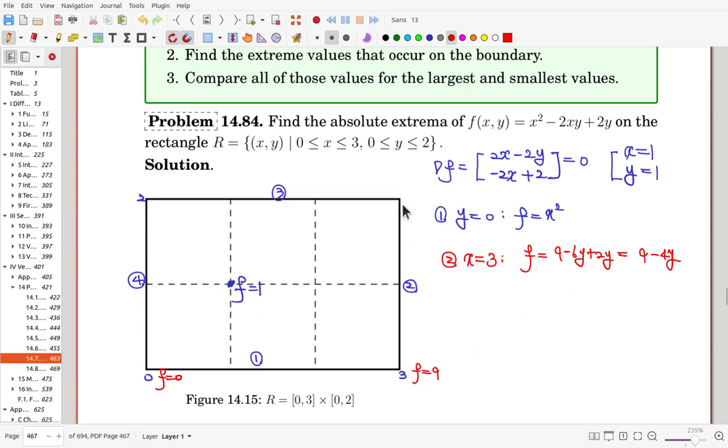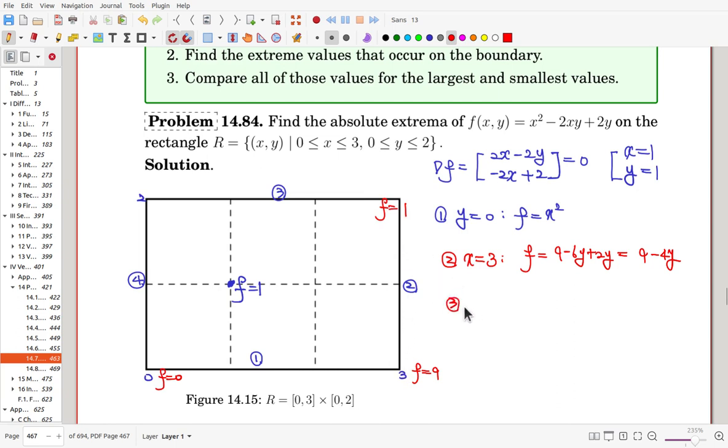When y becomes 2, the value must be 1 here. So along the boundary, the extreme values are here, and f is 1 here. Along that direction it is linearly decreasing.